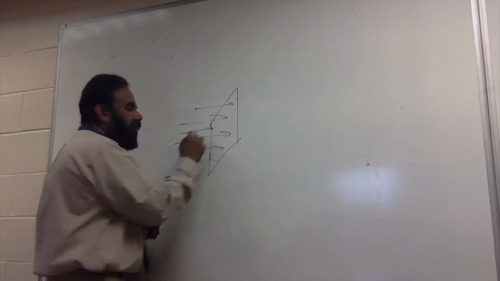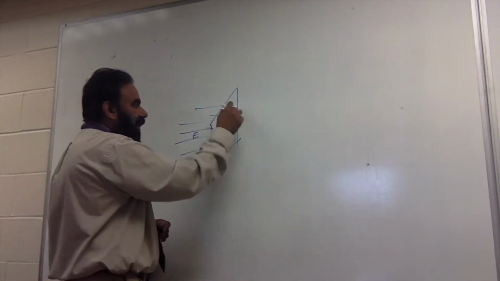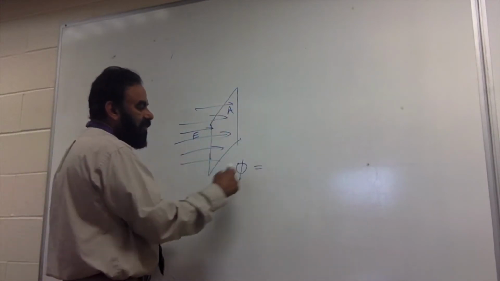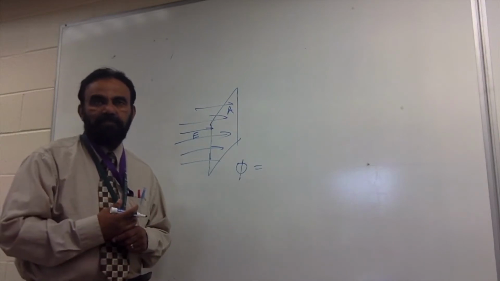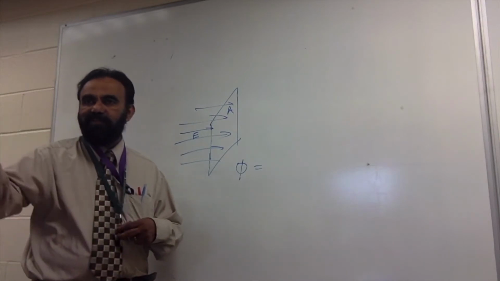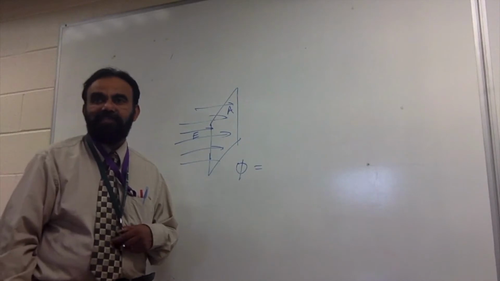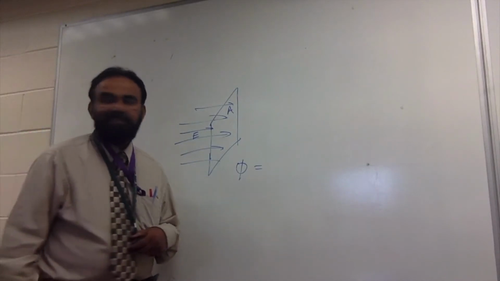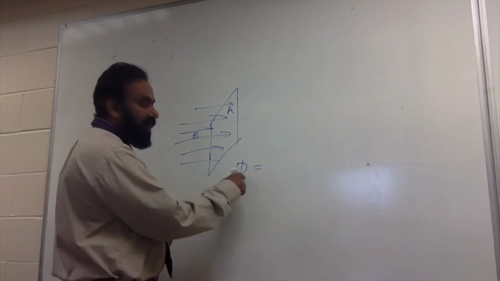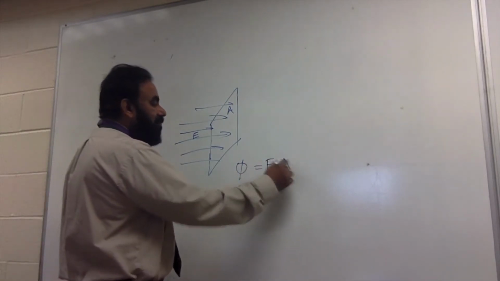So the electric field was E, and if the area was A, then the flux going through, with the Greek letter symbol called phi, is: phi is equal to EA.